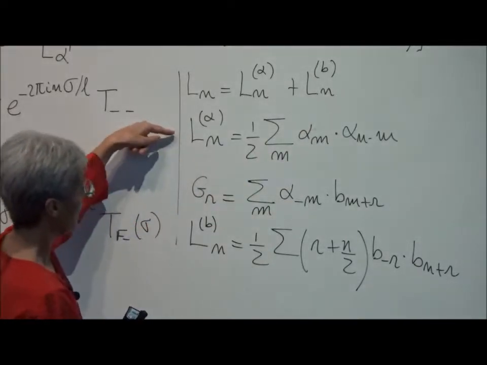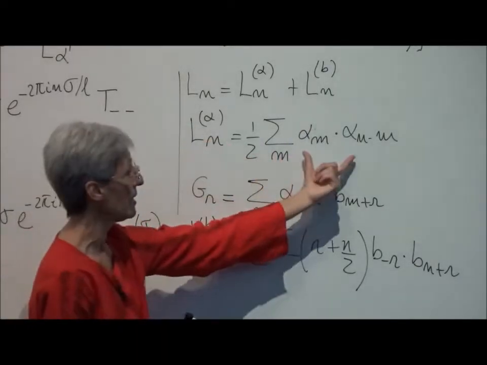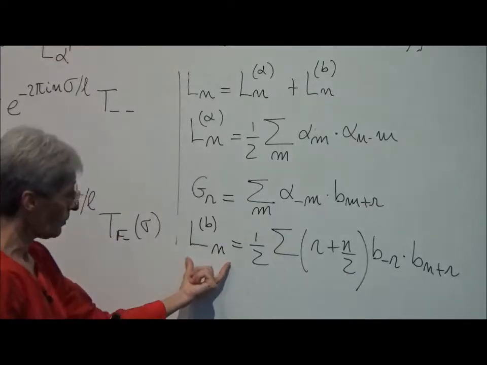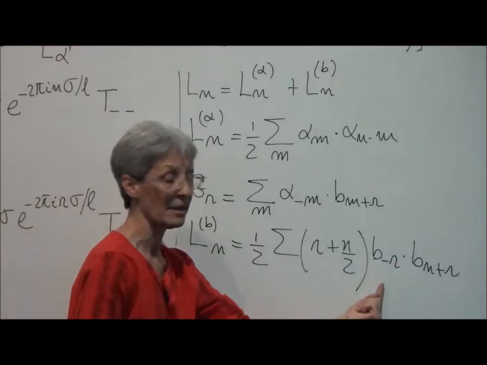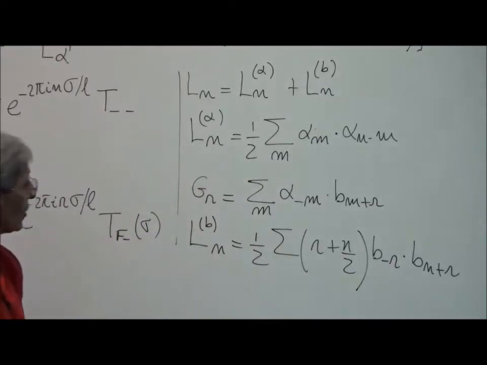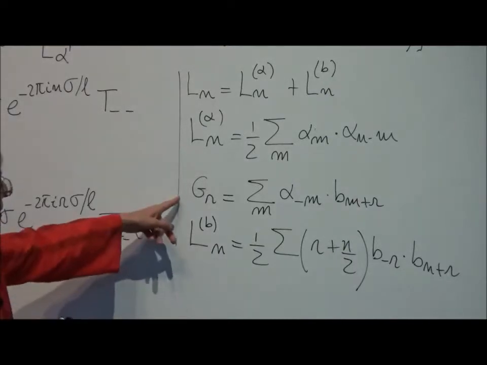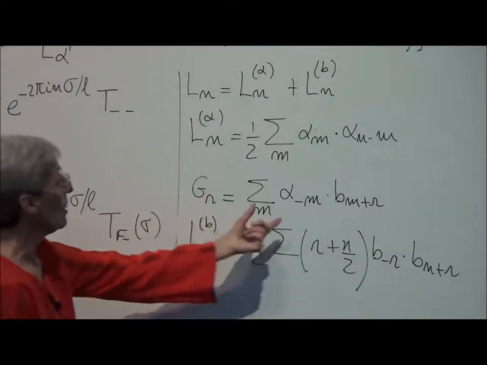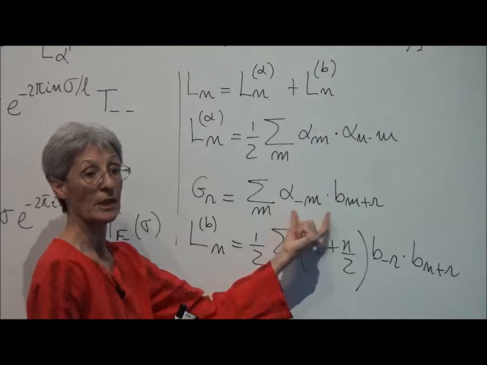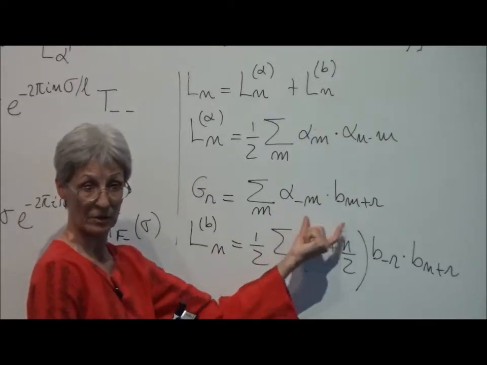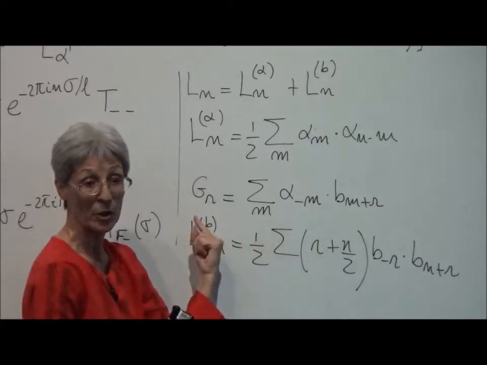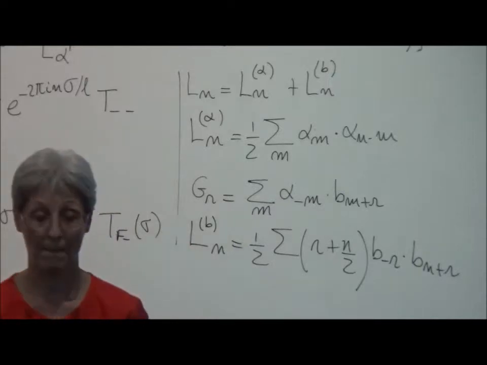For the alpha oscillators, it's exactly as in the bosonic string, and for the fermions, it is basically this product of fermionic oscillators. And the modes of the supercurrent will be a product of bosonic and fermionic oscillators. In this way, they are fermionic in nature.